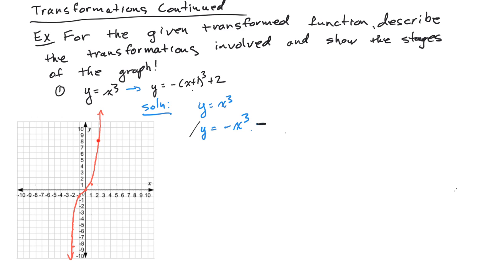So this point here now goes all the way down to here. This point goes to here. Instead of positive 8, we're going to have negative 8. Instead of positive 1, we're at negative 1. At 0, we're still at 0. We're here and here for our last spot.